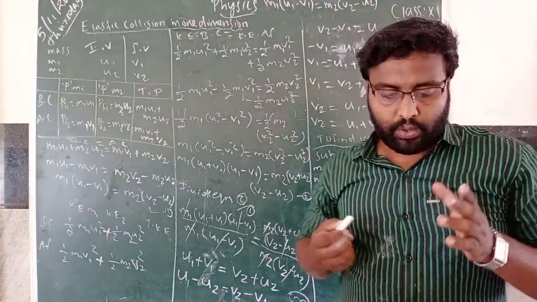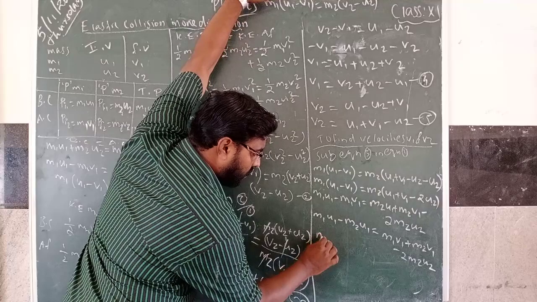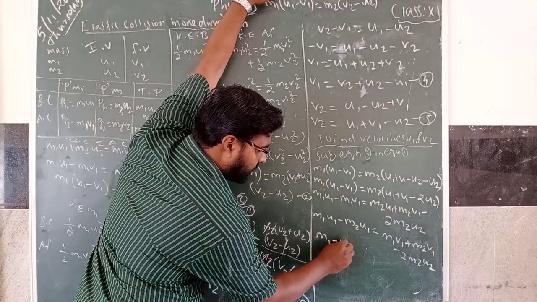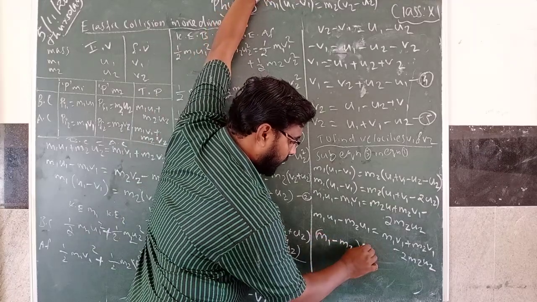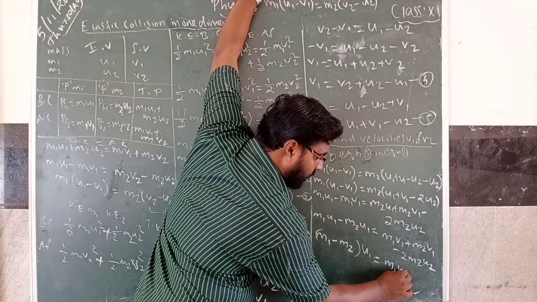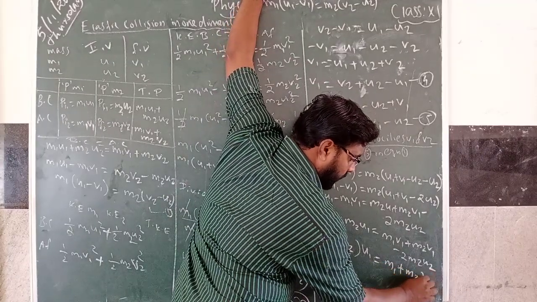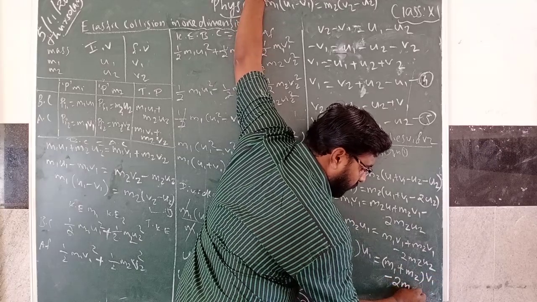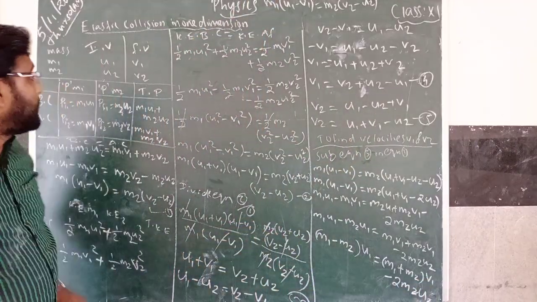Now what you have to do, you just take this M1 M2 U1 outside. So (M1 minus M2) into U1 is equal to, from here, (M1 plus M2) into V1 minus 2 M2 U2.